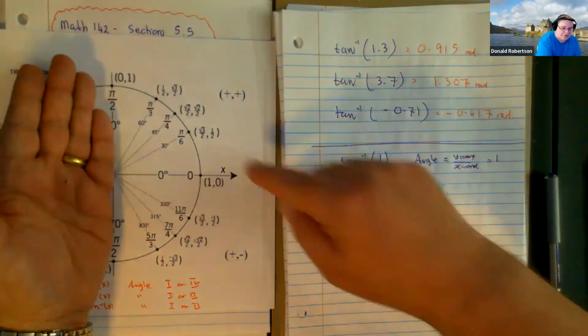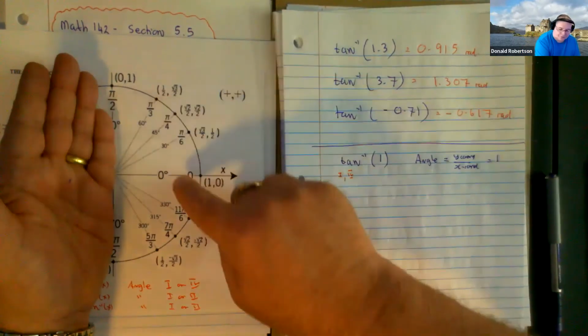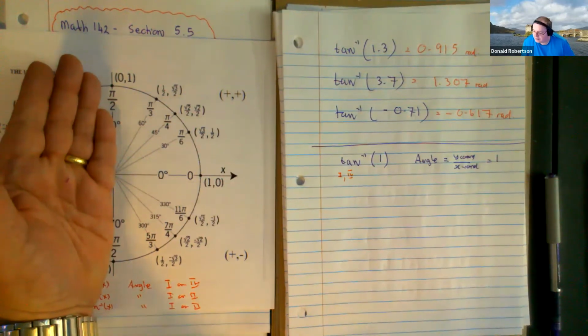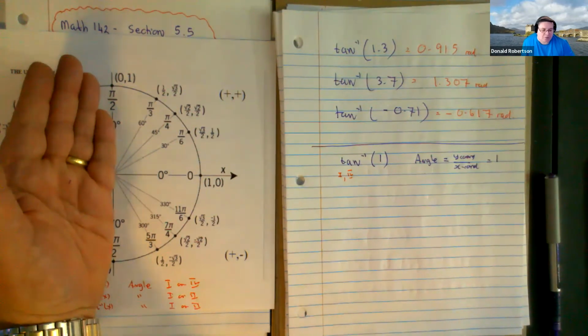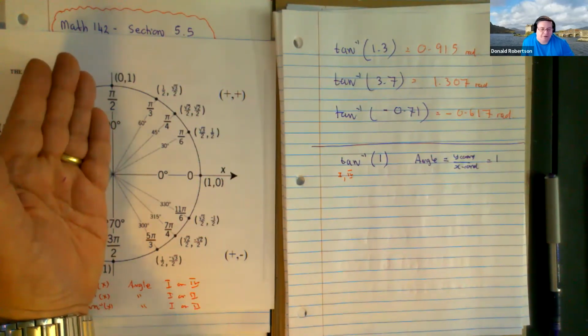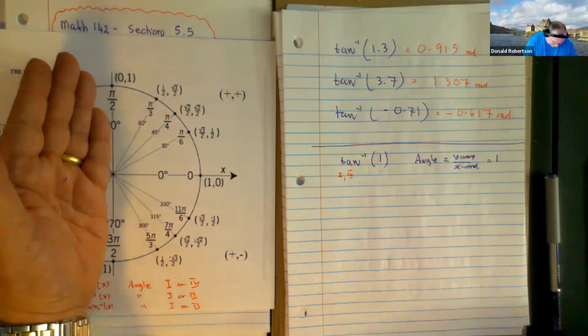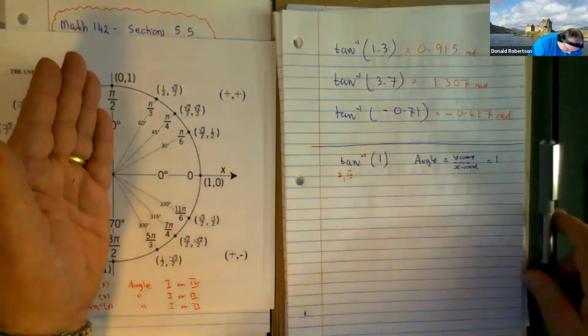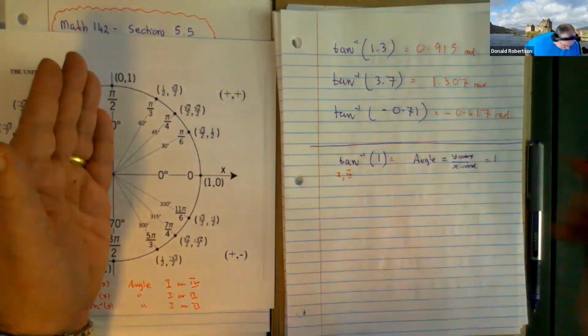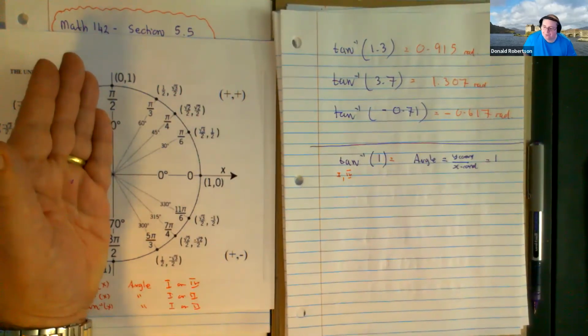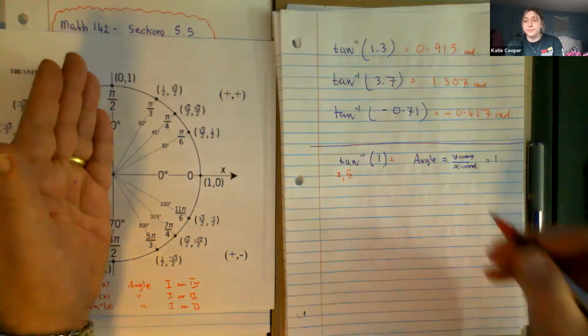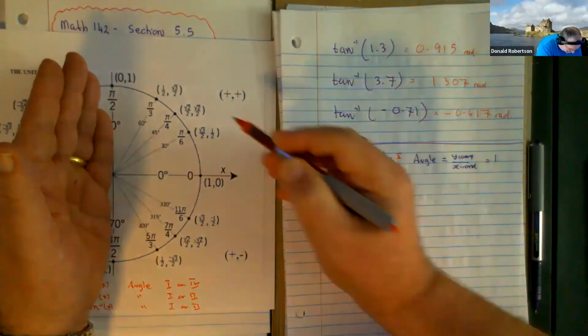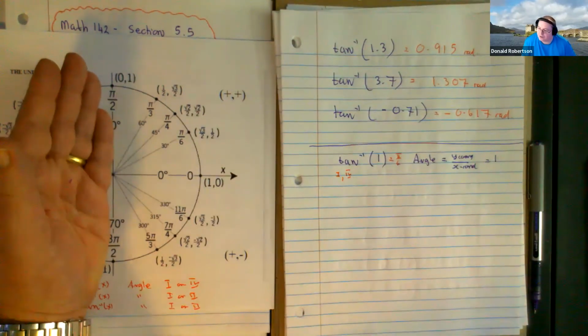I only need to look here, first and fourth quadrant, and find an angle whose y coordinate divided by its x coordinate is 1. It's not so easy, but if you look carefully, you should be able to tell me what angle that is true for. Is it pi over 4? It is. If you take that and divide it by that, do you agree you get 1?